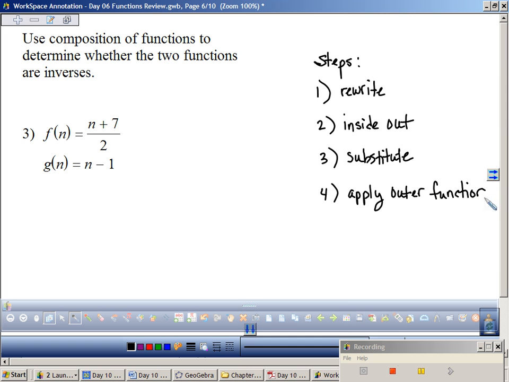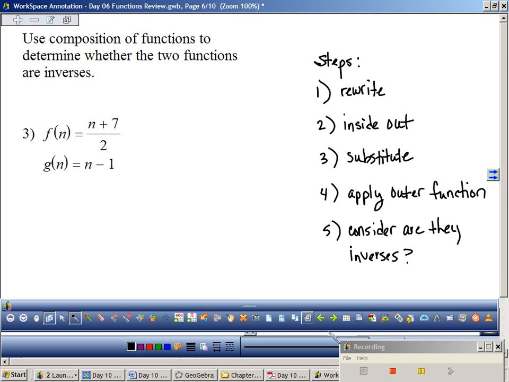And then on this one, you have to consider whether it is indeed inverses. Consider, are they inverses? Well, you guys finish writing that down. Okay, so let's start with our first step. Let's rewrite this as a composite function.